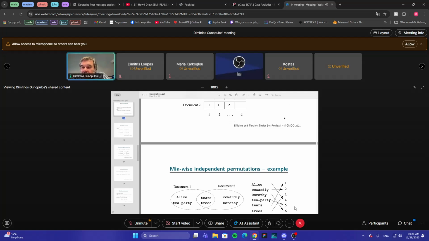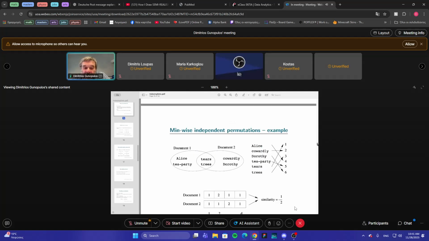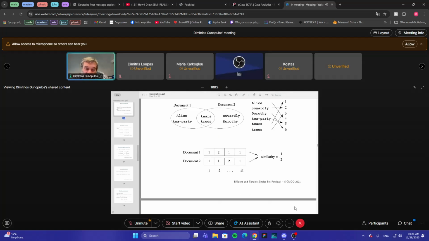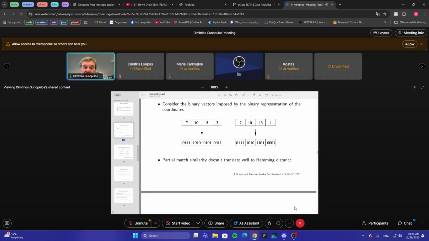So the number of permutations that I took fixes this D. It creates D numbers one after the other, and then I take the binary representation.